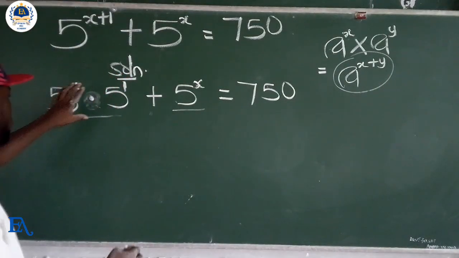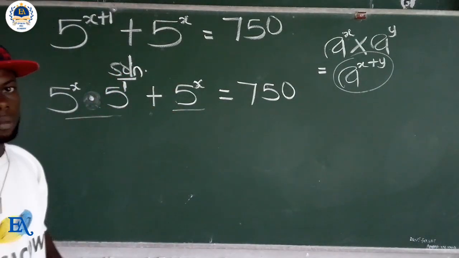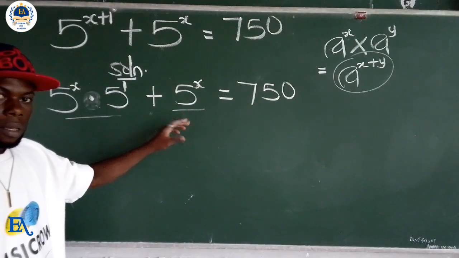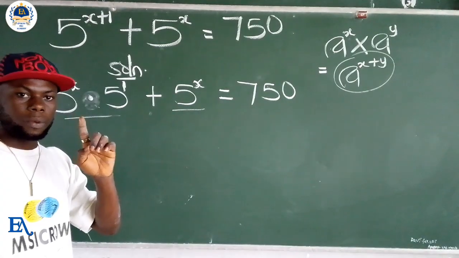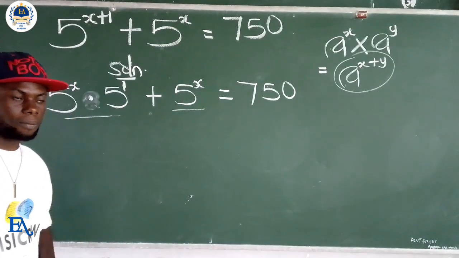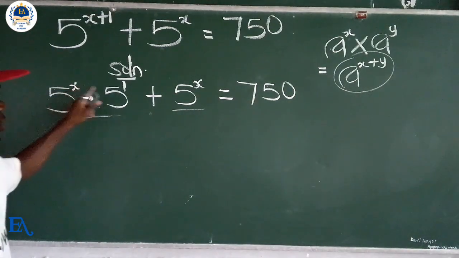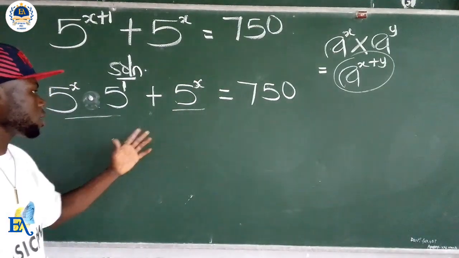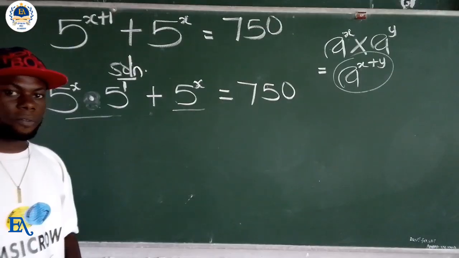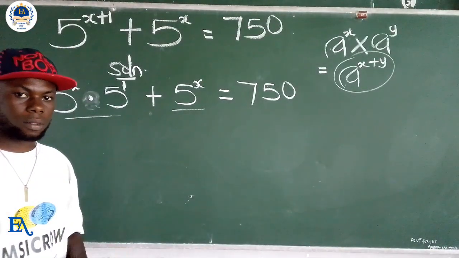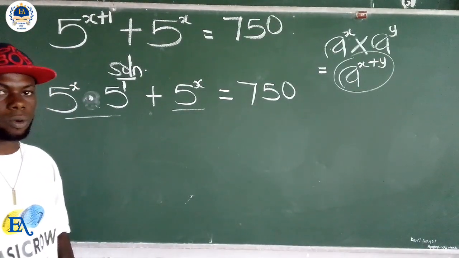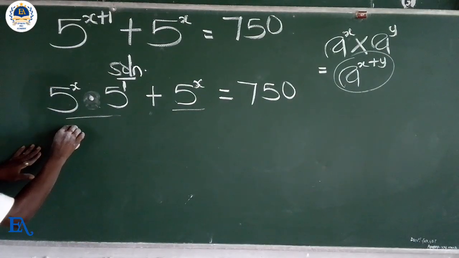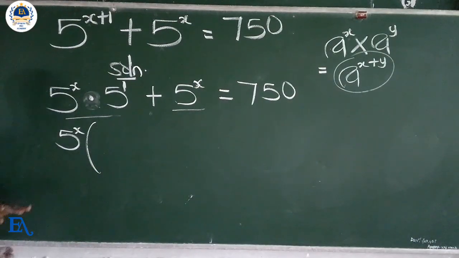In both terms, one particular variable tends to repeat itself: 5 raised to the power of x. That means we can simply factorize this, where 5 raised to the power of x is the common factor, and it must be kept outside in brackets.